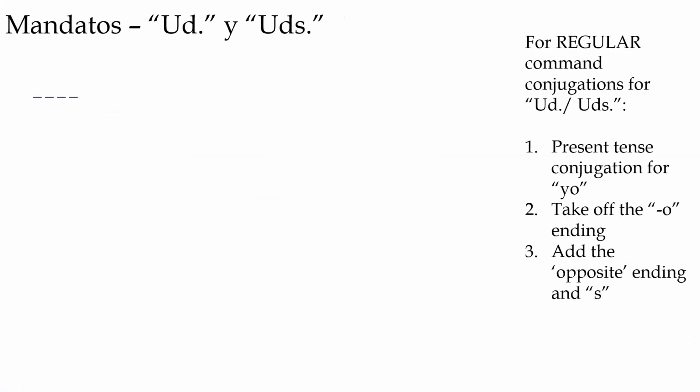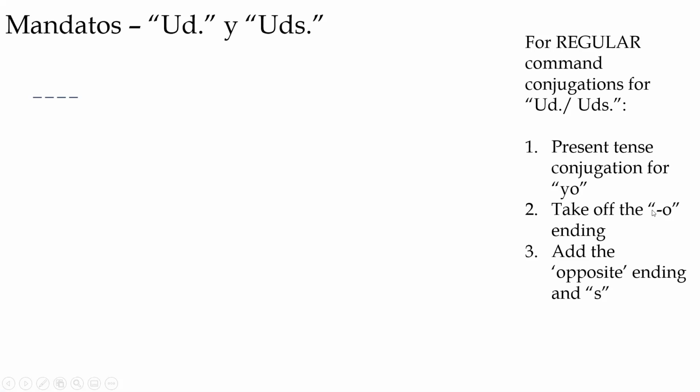Okay, so then moving on for mandatos de usted y ustedes. Now, really you only need to know usted for the exam, but I wanted to introduce ustedes as well. So before I show you what these look like, over here, read this. It says, for regular command conjugations for usted and ustedes, the way that we formulate these is first, we conjugate the present tense of the verb for yo.